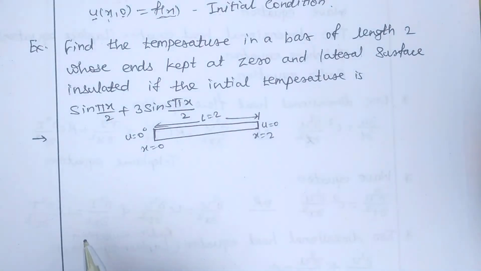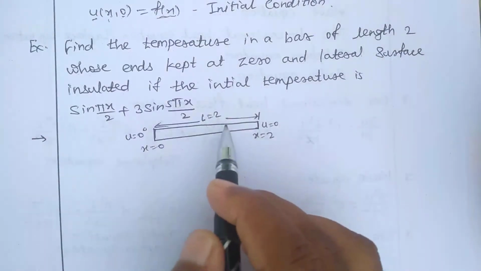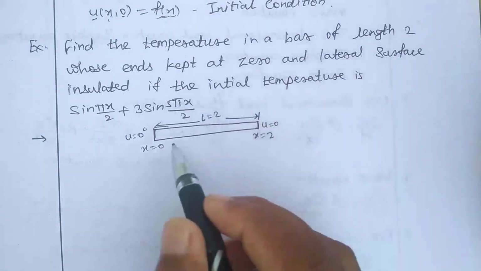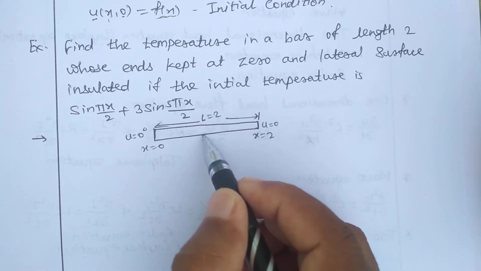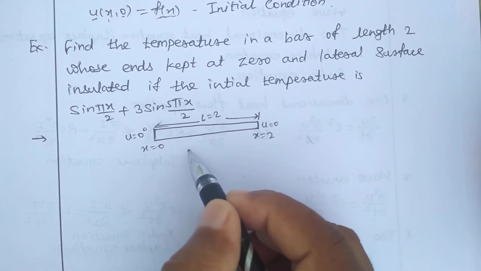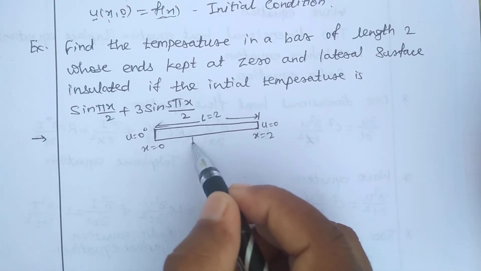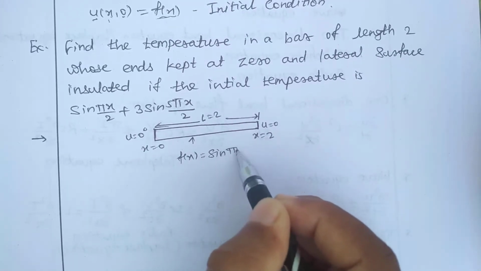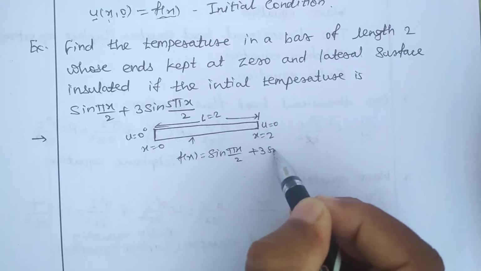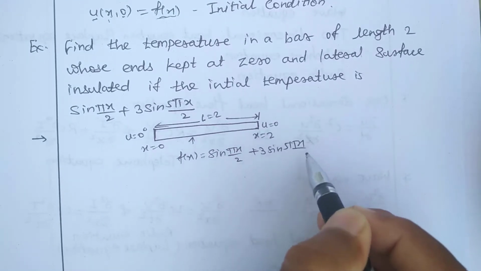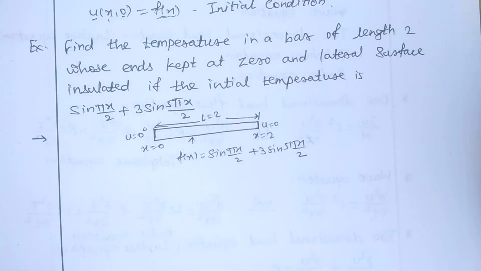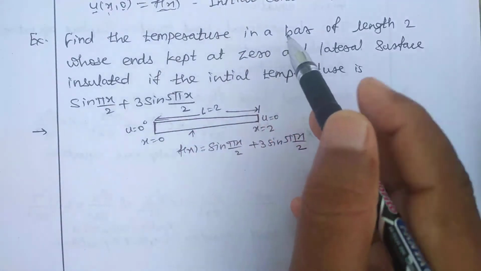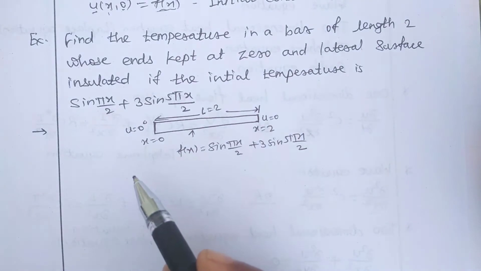Both ends are kept at 0 temperature, and the lateral surface is insulated. If the initial temperature in the rod, f(x), is given as sin(πx/2) + 3 sin(5πx/2), this is the given thing.